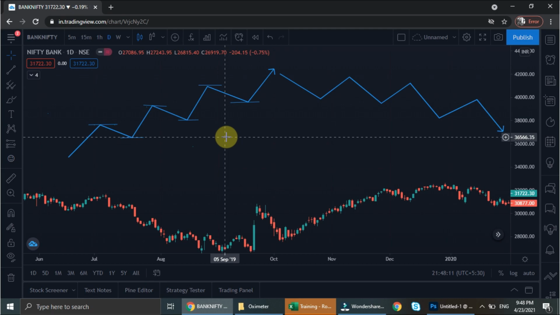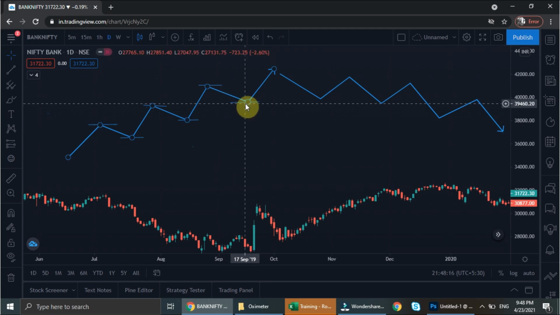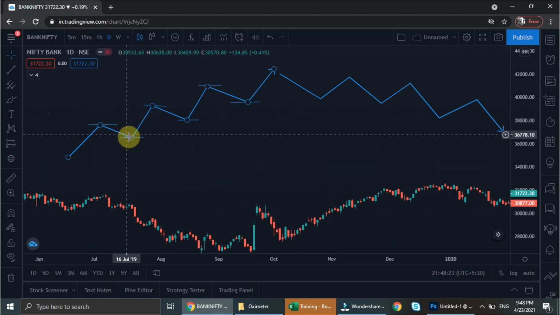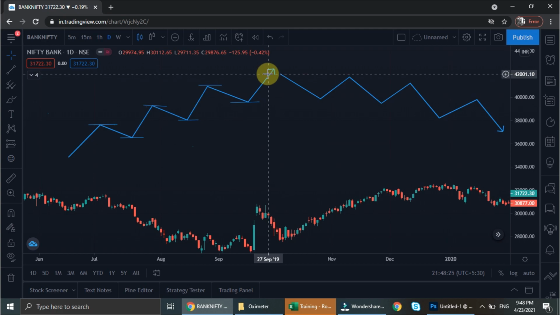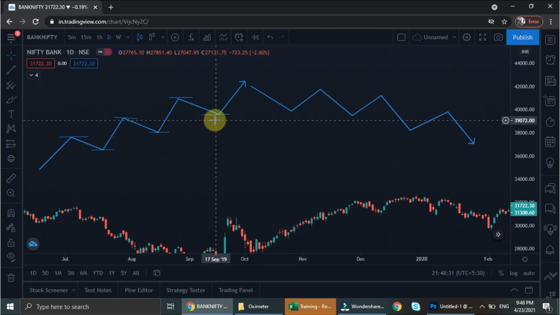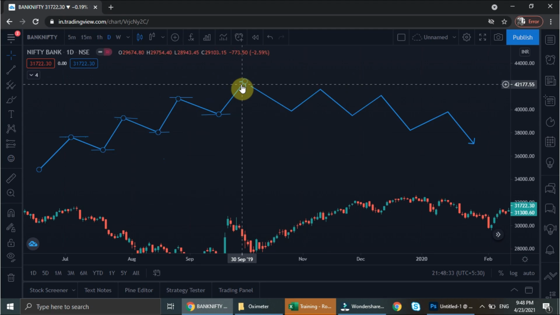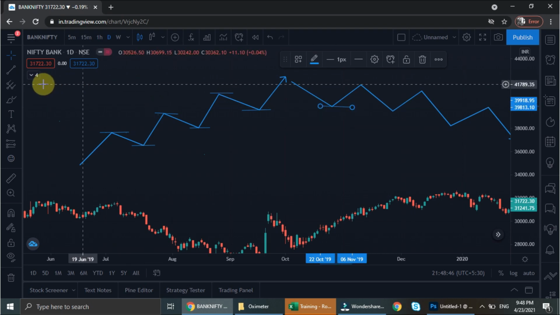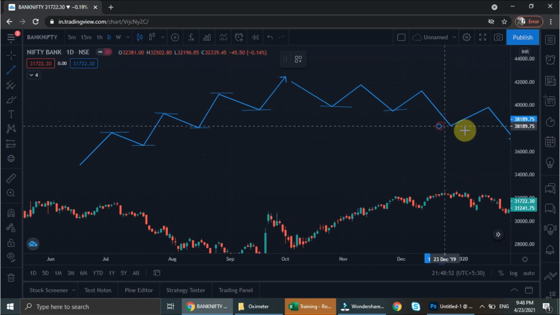Sometimes some people call it swings and some people call it waves. It doesn't matter whatever the term is, you should understand the way we need to read the stock market direction. This is the right way of reading the stock market direction for any stock. For downtrend, it makes lower lows and lower highs.